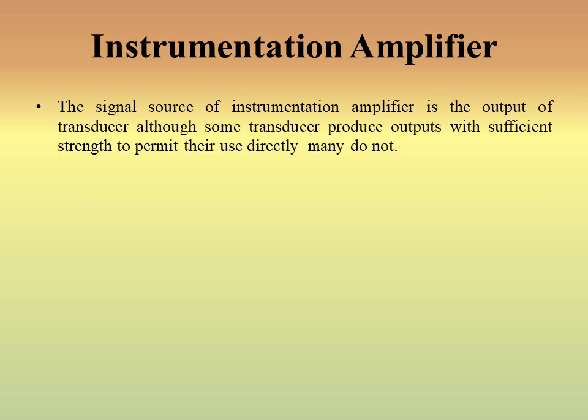Some transducers give a strong signal that can easily be used by the instrumentation amplifier, but some produce a weak signal, so they are made strong with the help of preamplifiers.